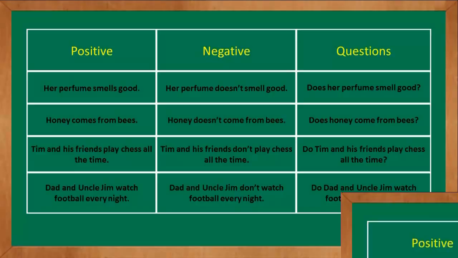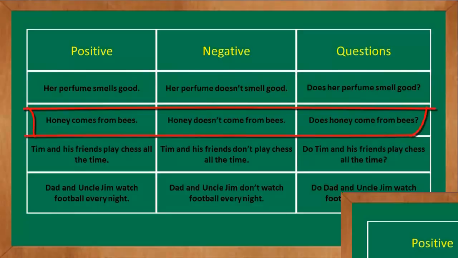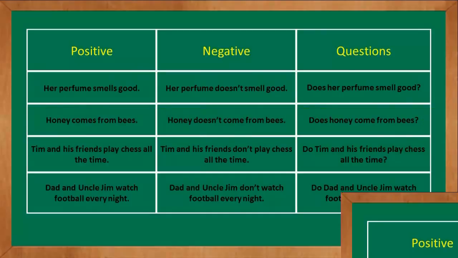We have here the positive and negative statements and the questions. Examples: Her perfume smells good. Her perfume doesn't smell good. Does her perfume smell good? Honey comes from bees. Honey doesn't come from bees. Does honey come from bees?